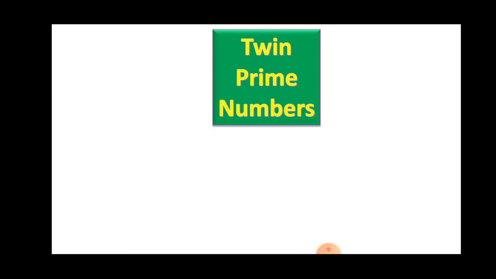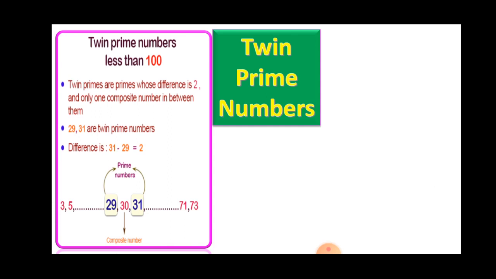So children, twin prime numbers are the numbers that are used for a pair of odd prime numbers, and they differ by 2. And this pair of odd prime numbers consists of only one composite number in between them.